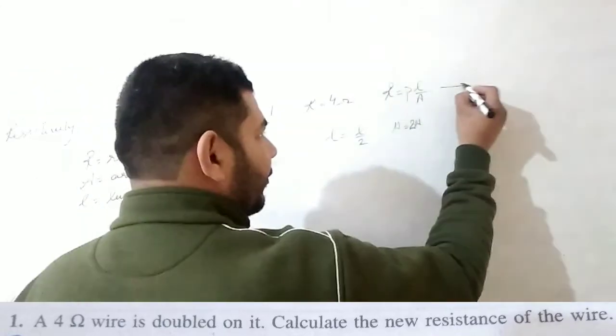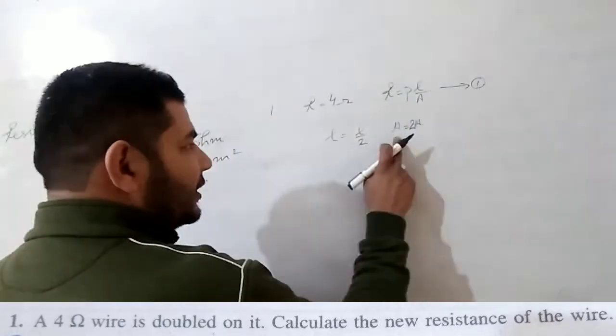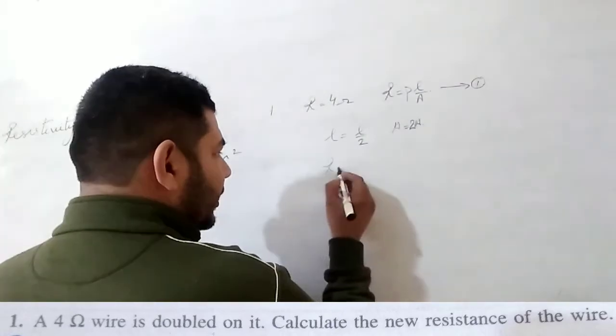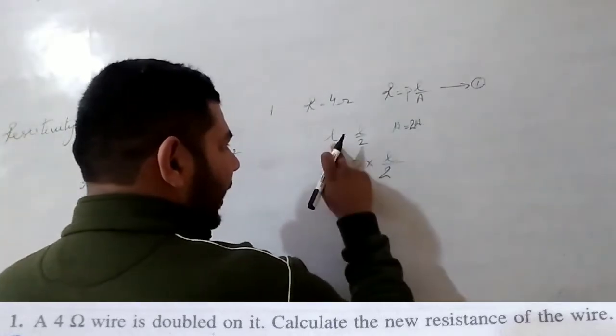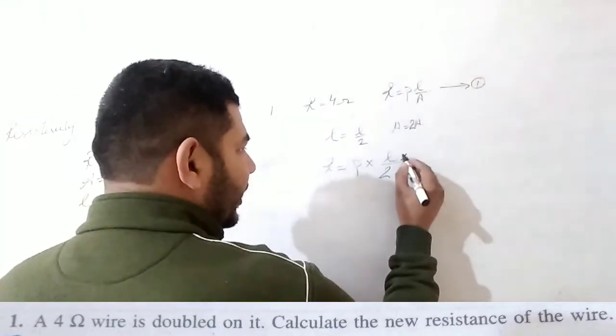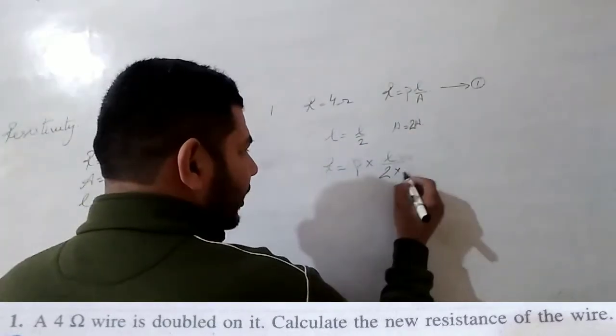Now this is equation number 1. We will put these values in equation number 1. R is equal to rho into L by 2, upon area 2A.